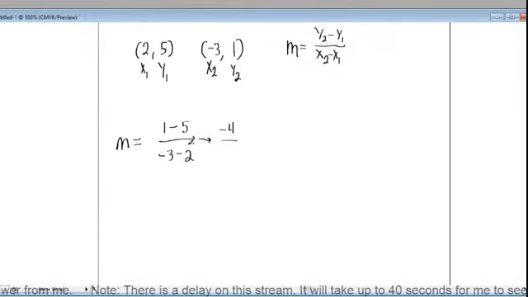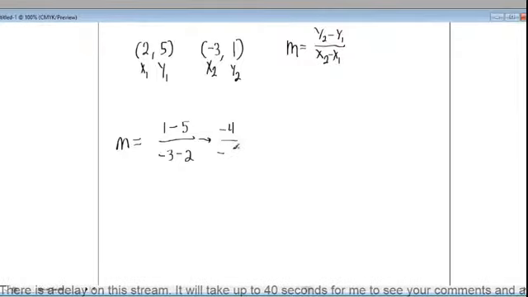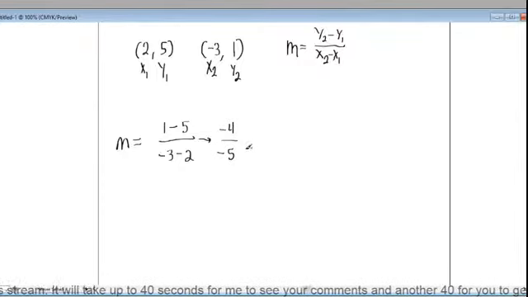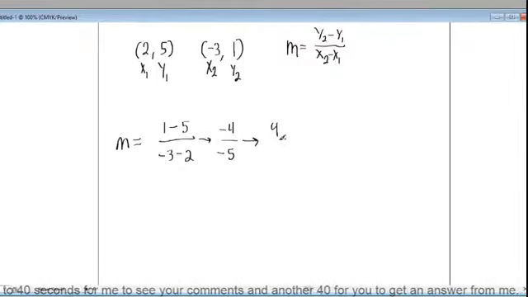And then negative 3 minus another 2 is negative 5. Then remember that a negative divided by a negative would be a positive. So this actually comes out to be positive 4 over 5. And there's our slope.